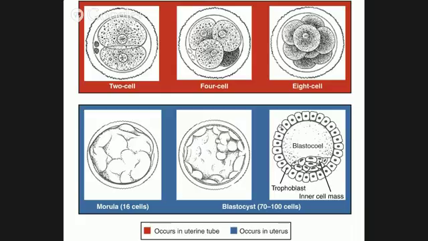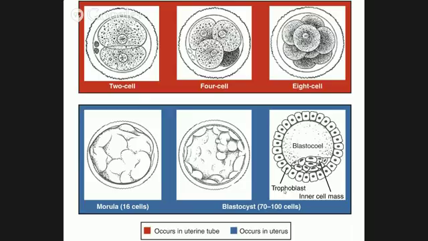And the cells at this point are starting to differentiate into different groupings, and it's really a pretty small, minor difference. This inner cell mass here is really what's going to become the embryo, and then the outer part, what's labeled the trophoblast, is going to become the structures in the placenta that interact with the mother's circulatory system.